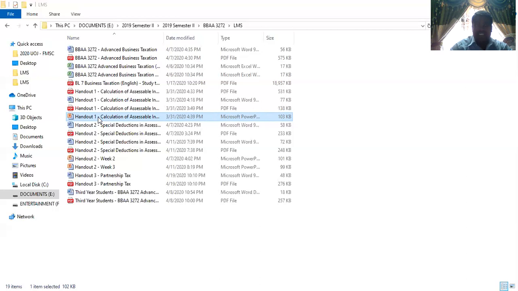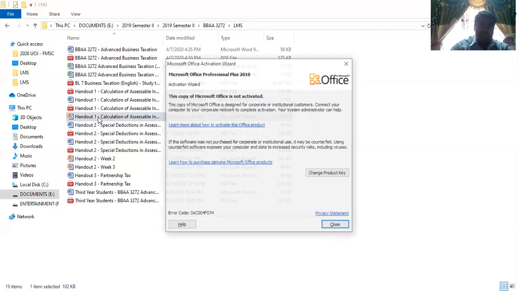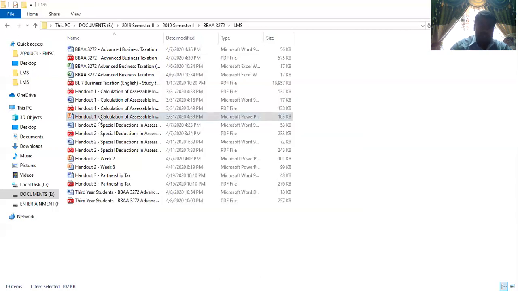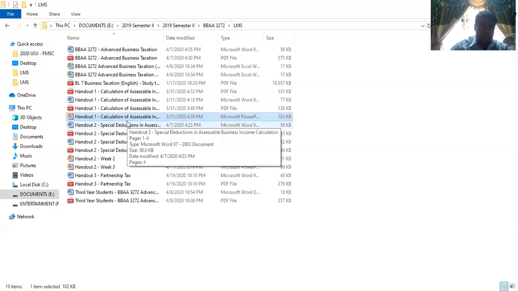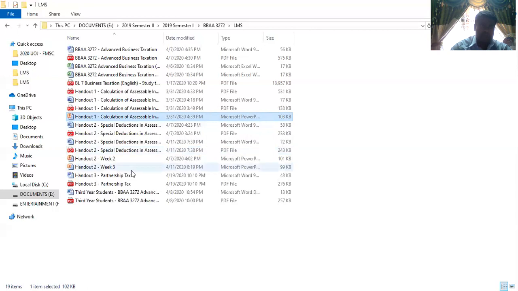The business income is a major income of that particular individual. So this first handout will be related with that particular area. Let's see the first handout: the calculation of assessable income from business.